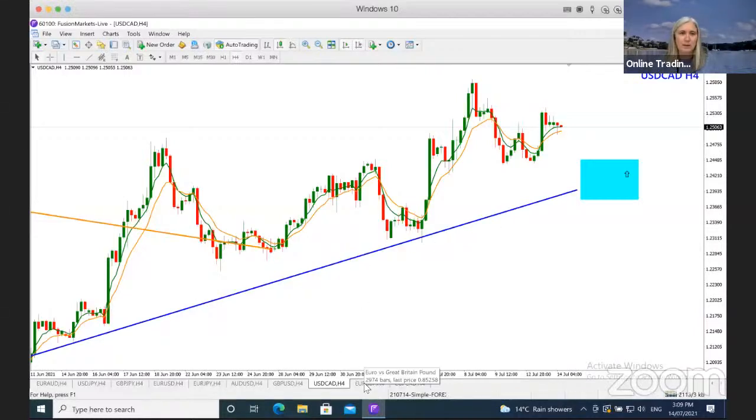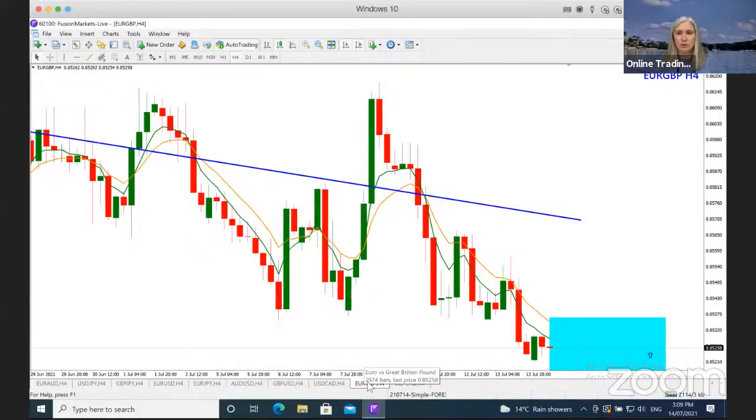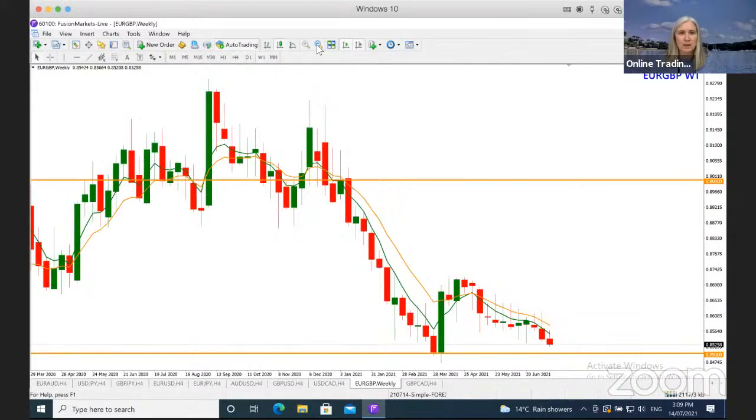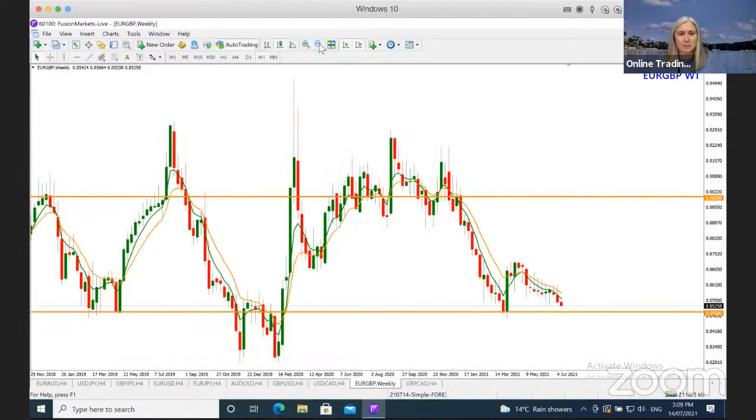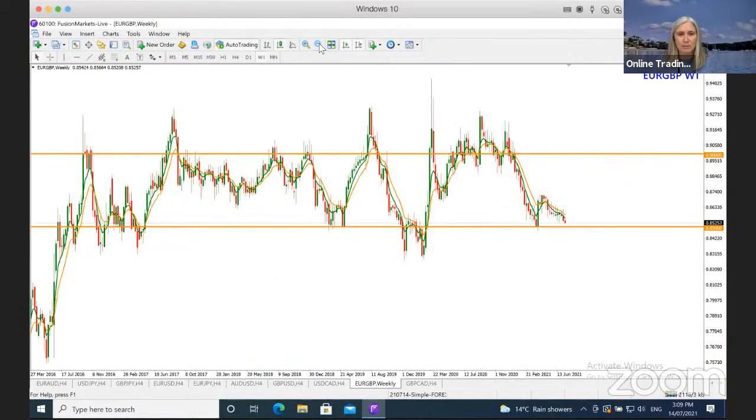The next currency pair I'm looking at is EURGBP. So EURGBP, this one is a little bit different. It's been ranging quite some time between those 2 points, 0.85 and 0.90.